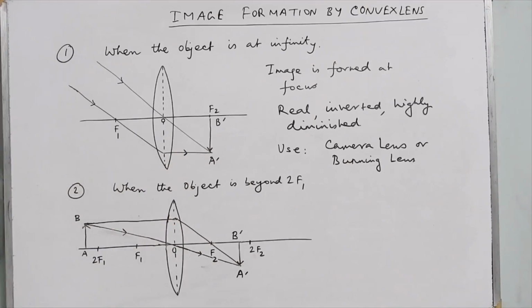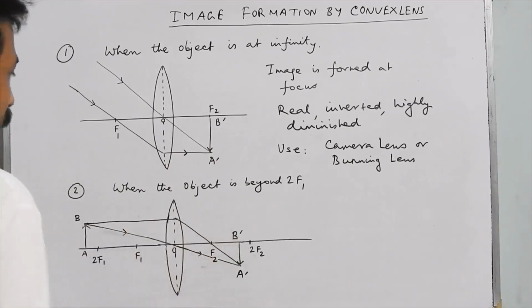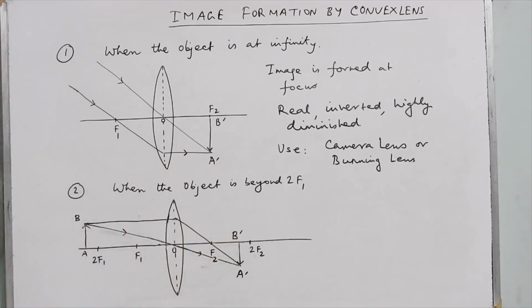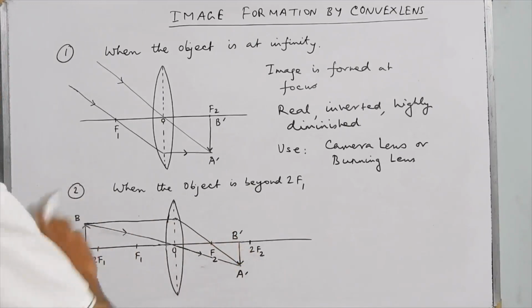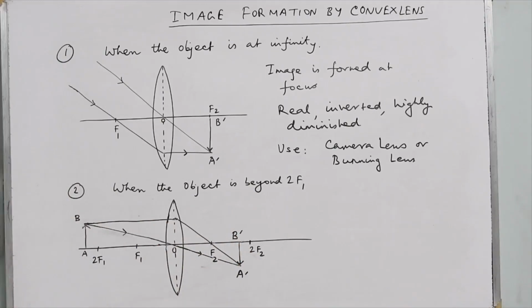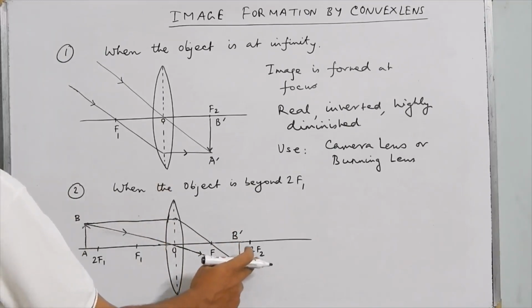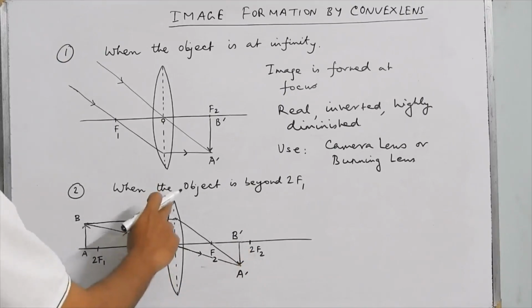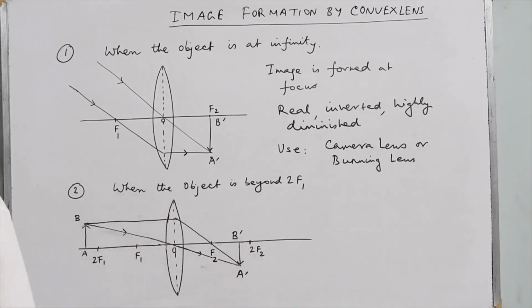As we know, the radius of curvature is twice the focal length, so the centers of curvature are denoted as 2f2 and 2f1 on either side of the lens. With respect to the first surface, 2f2 is the center of curvature, and with respect to the second refracting surface, 2f1 is the center of curvature. Because the focal length is half of the radius of curvature, we denote them as 2f1 and 2f2.